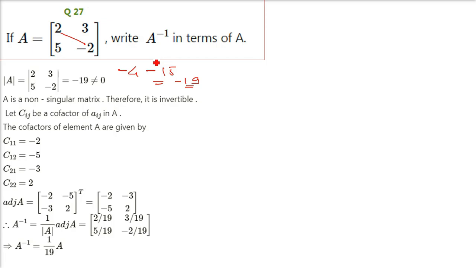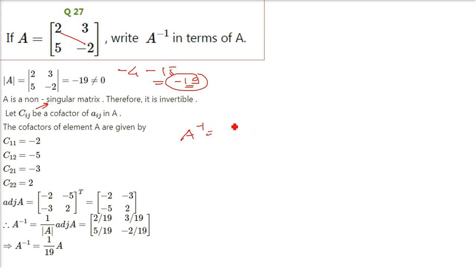This is the determinant of A. Why did we do this? Because we wanted to show that A is actually a non-singular matrix. The determinant is not coming equal to 0, therefore it is invertible. This is an invertible matrix. Now we'll try to find the cofactor. Take the cofactor matrix, take the transpose, and that will be our adjoint A.